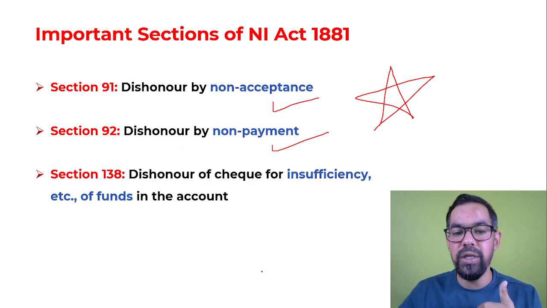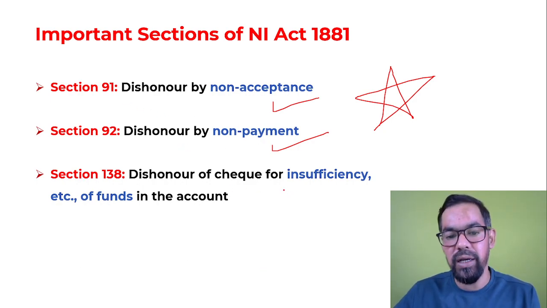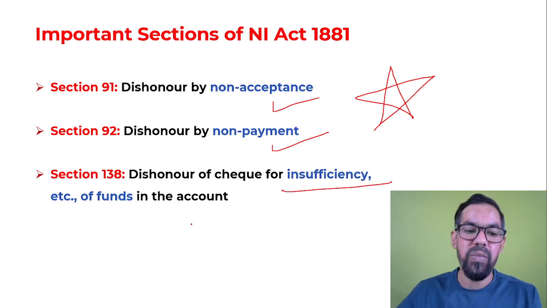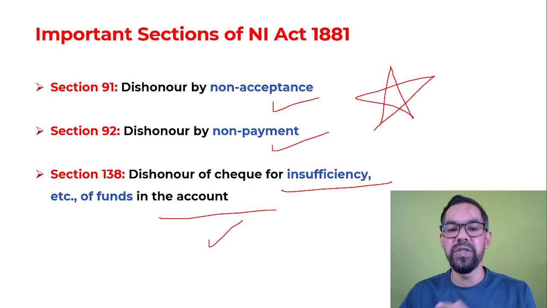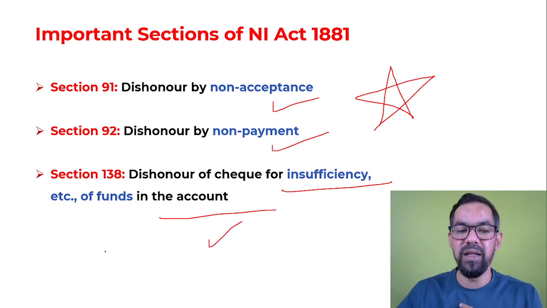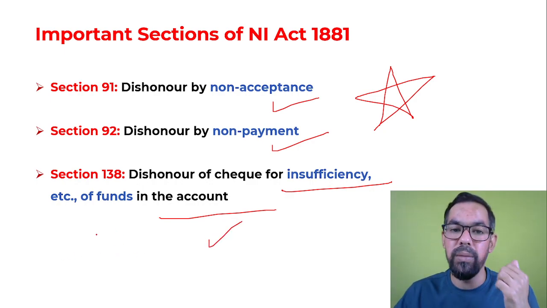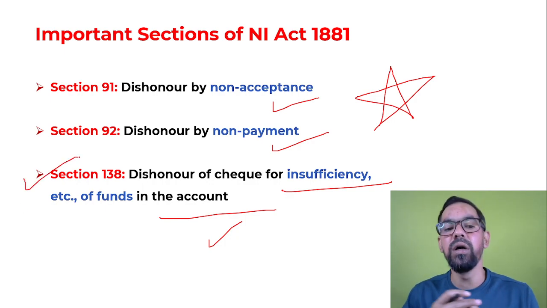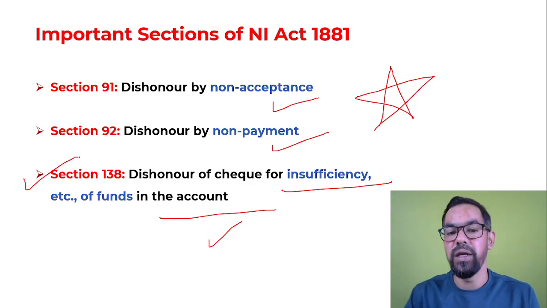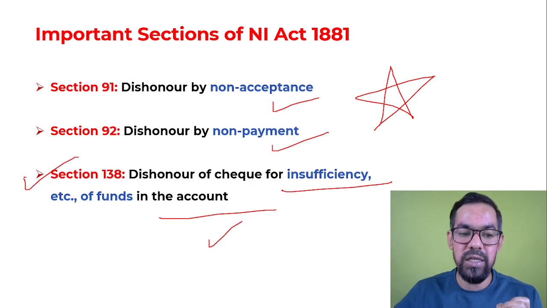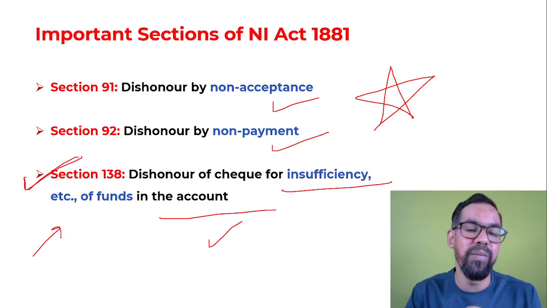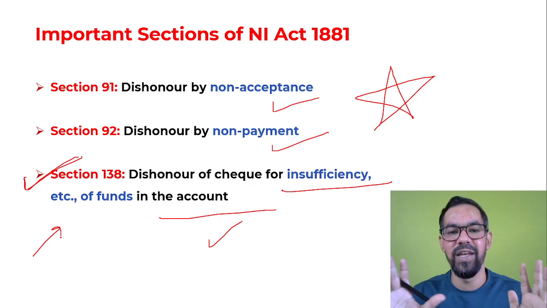And Section 138, dishonor of a cheque for insufficiency of funds in the account. If there are insufficient funds, the cheque will be dishonored by the bank, and this is defined under Section 138. Again, these sections are very, very important, and Section 138 is asked many times by examiners in different examinations.